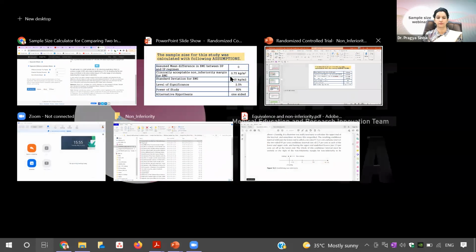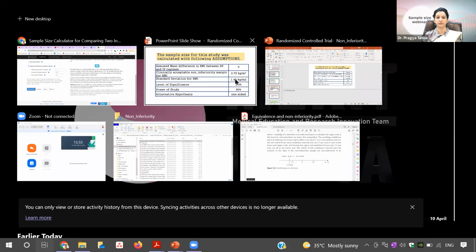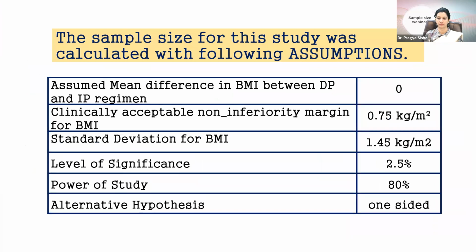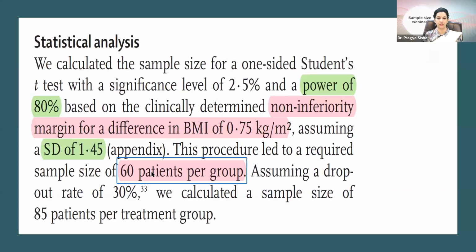You can see what their value is. They have calculated 60. So there was a difference of 3 because that 0.25 is not coming in the Statulator. It takes either 0.2 or 0.3. And then by assuming a dropout rate of 30%, they have increased this to 85.